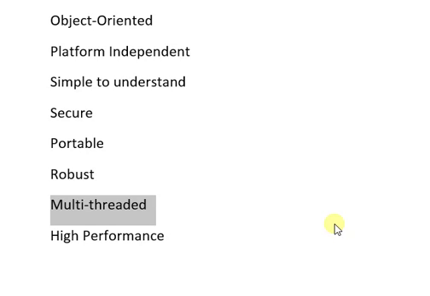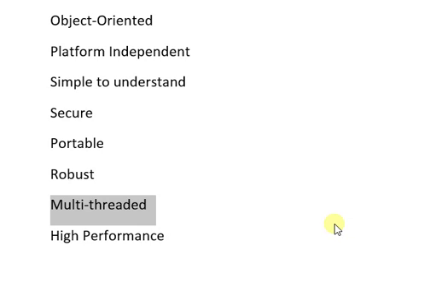A thread is a task also. So whenever a task is there in Java, we call it a thread. And what is a process? A process is a combination of multiple threads.